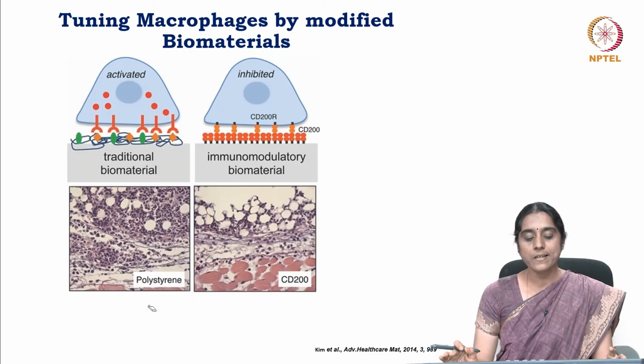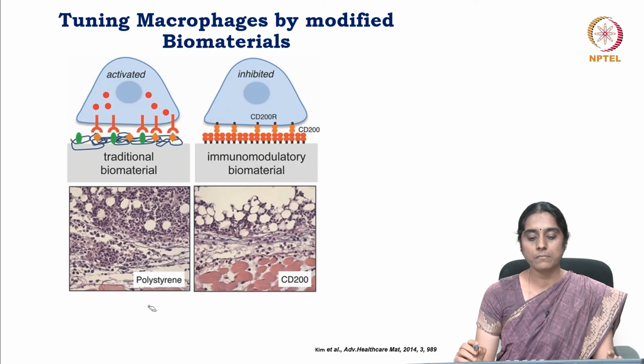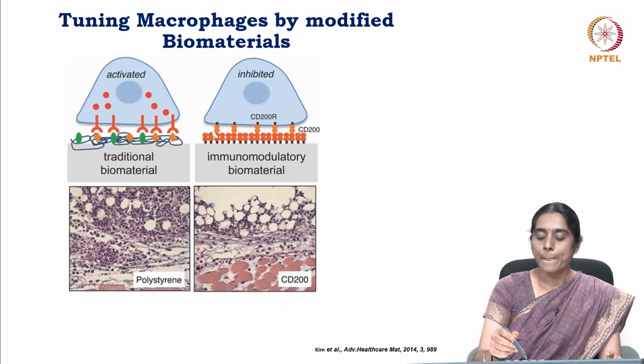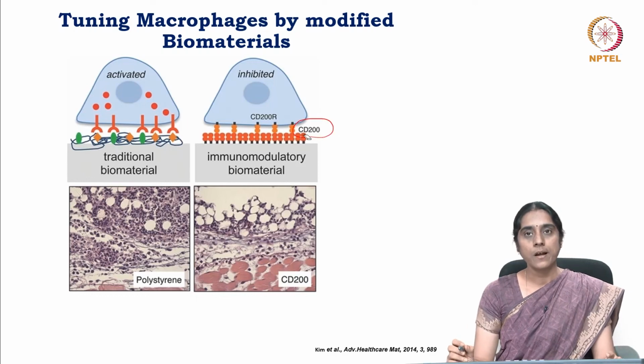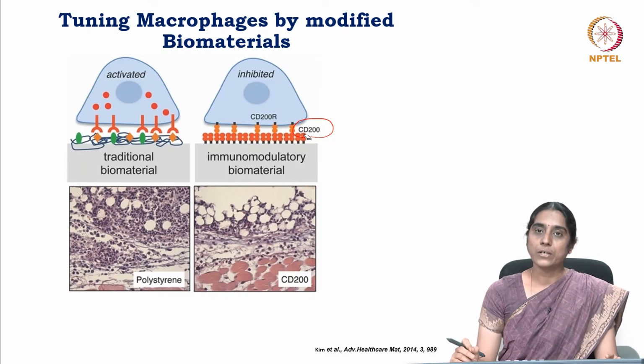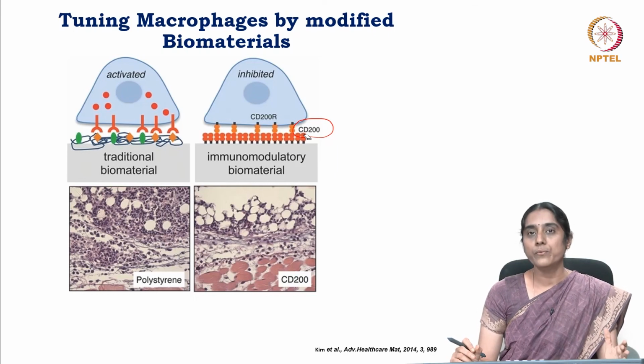So, finally, this is an interesting way. As an immunologist, I saw that they have modulated this biomaterial by means of conjugating it with a molecule called CD200. CD200 is a molecule which will modulate the macrophages into M2 phenotype.